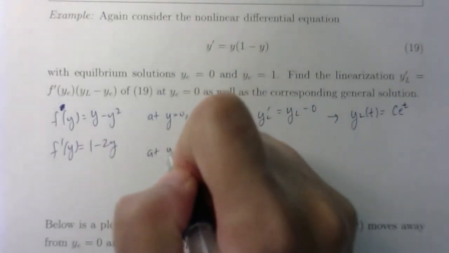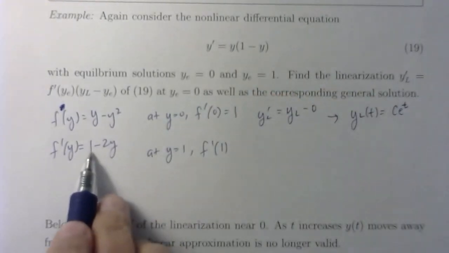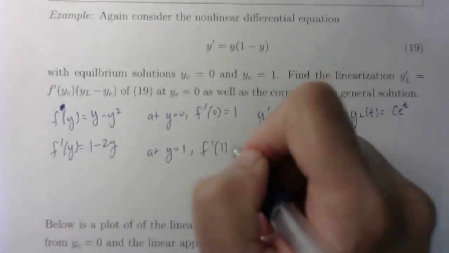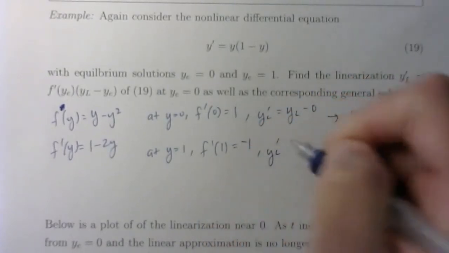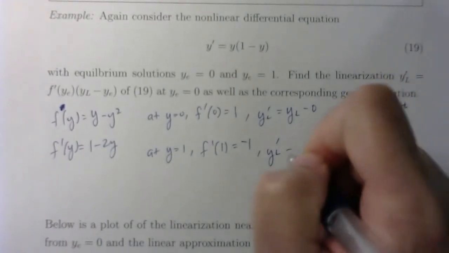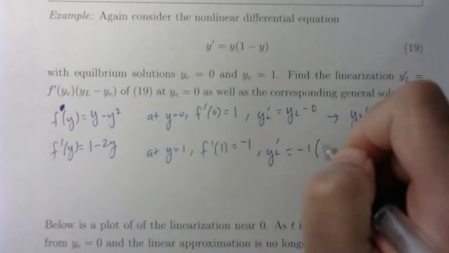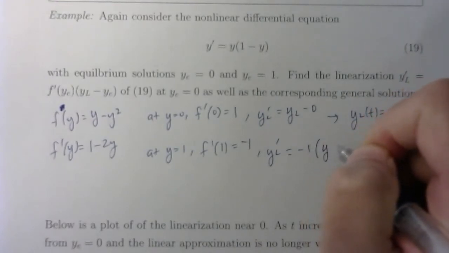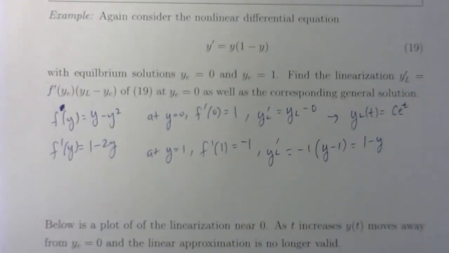Okay, what about at y is equal to 1? f prime at 1 is 1 minus 2, so minus 1. So y_L prime, the linearized system, is minus 1 times y minus y_e, which is 1, right? So this becomes 1 minus y. Hopefully that's clear.